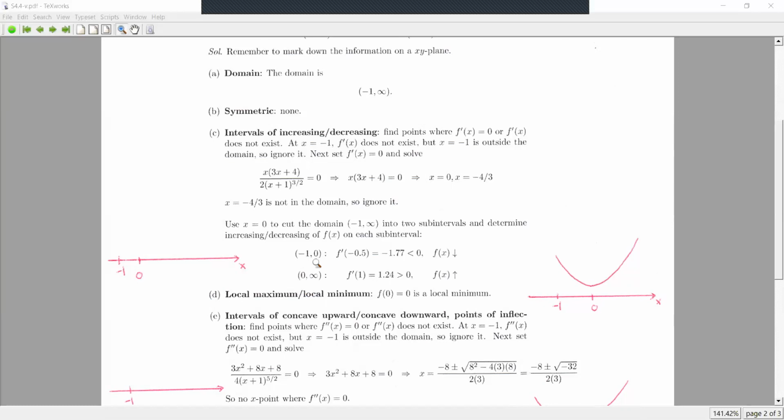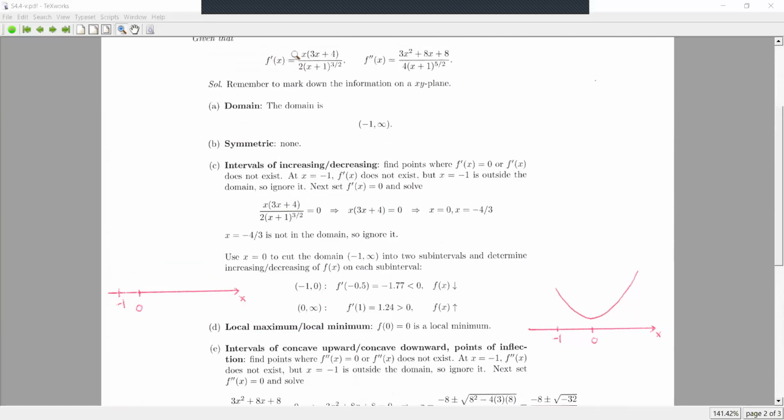In this interval, I arbitrarily pick a point, say, pick negative 0.5, and plug negative 0.5 into the derivative. Then I get negative 1.77, less than 0. That is, over this interval, the derivative is less than 0. So the function f is decreasing.